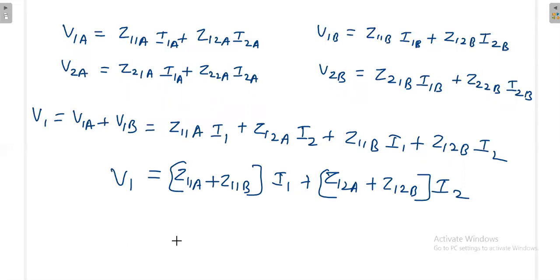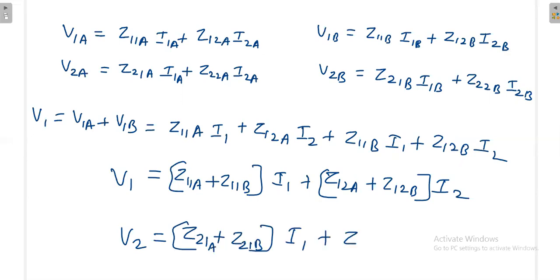Similarly, this is what we have written for V1. If you write it for V2, you add this equation with this equation. Then what you get is Z21A plus Z21B into I1, then Z22A plus Z22B into I2. So finally, we got the overall Z parameter.